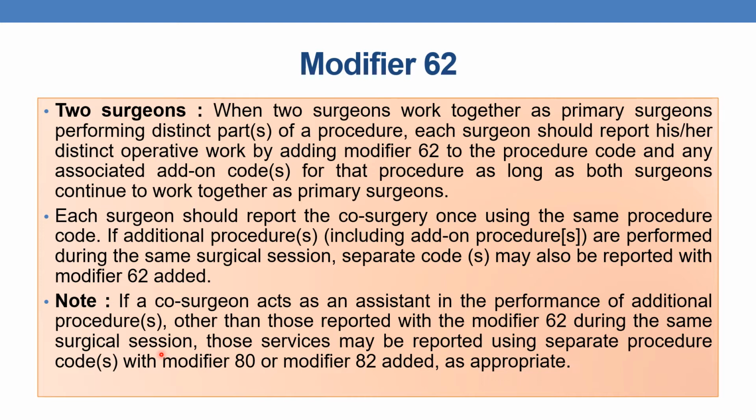In one procedure, two surgeons are acting as primary surgeons, and in another procedure, the co-surgeon acts as an assistant in the performance of an additional procedure other than those reported with modifier 62 during the same surgical session. Those services may be reported using a separate procedure code with modifier 80 or 82 as appropriate.